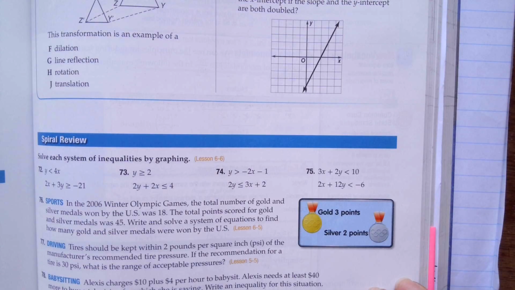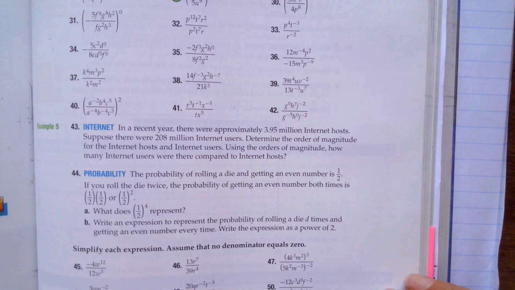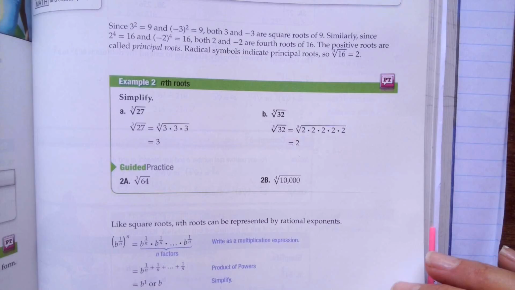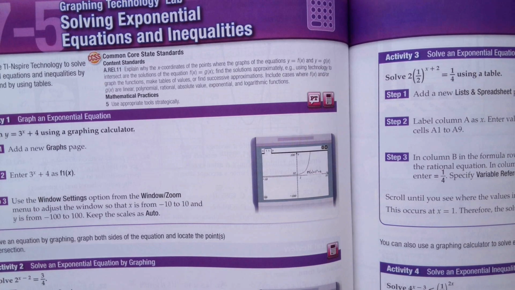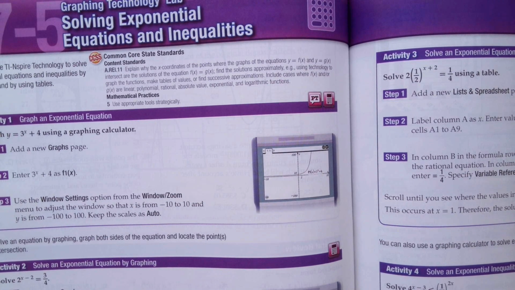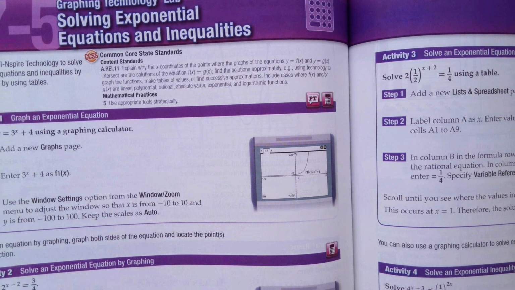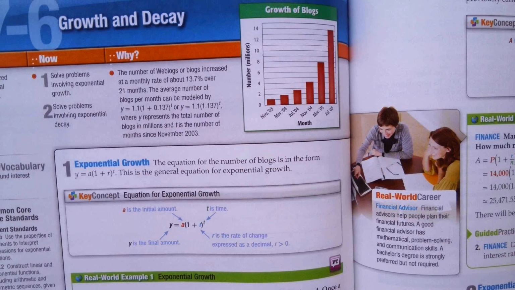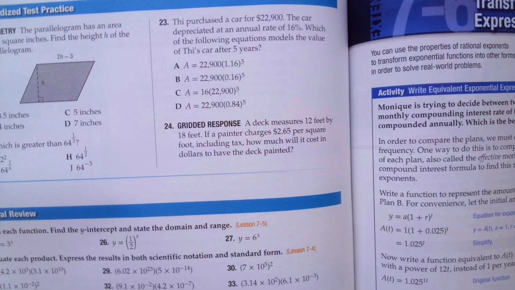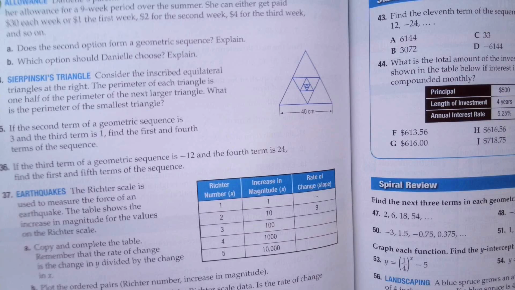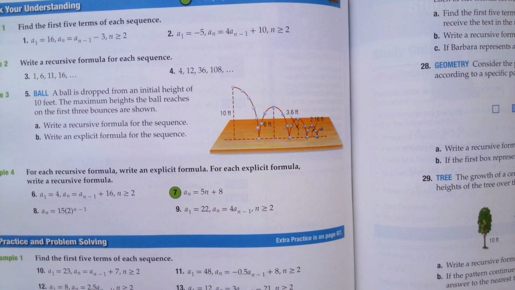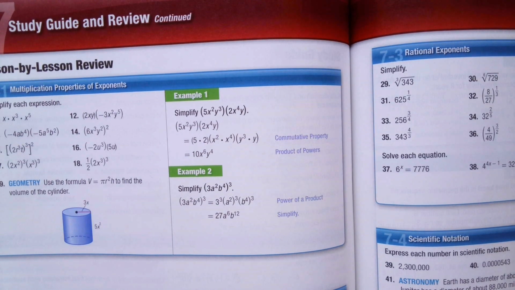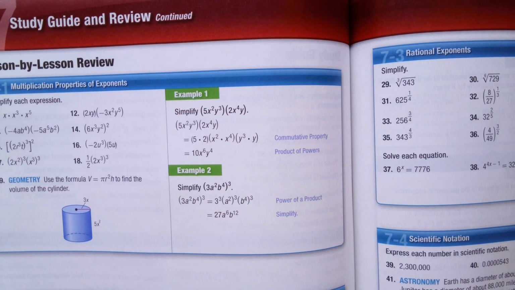At the end of your chapter, they have, mine's different because I have the textbook, but the study guide in the review section, it's page 452 on mine, but I know the online has different pages.